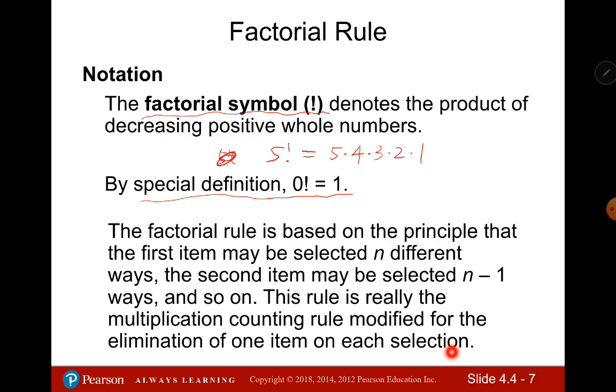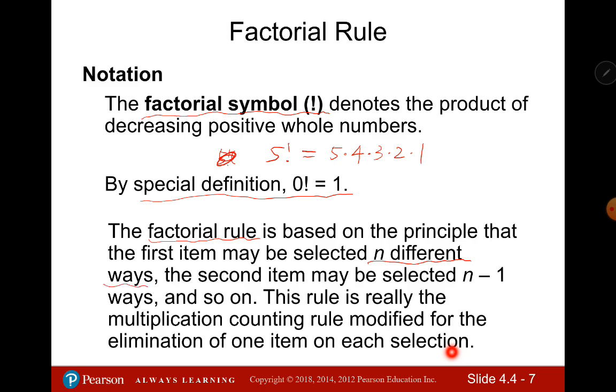So you can think the factorial rule is a special case of the multiplication rule. It's still multiplication, but it's a special one because for the first item or first event we have n different ways.